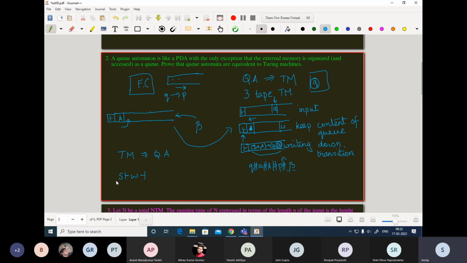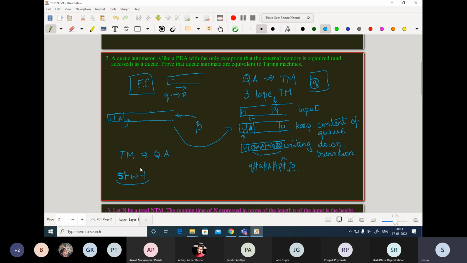So this encodes all of the content of the tape I have seen, as well as what state I am at and where my tape head is. So at the beginning, the tape head is at the left hand marker on the tape, and therefore I indicate this position by writing the current state just before the symbol where the tape head is. This is how I encode my configuration as a string.